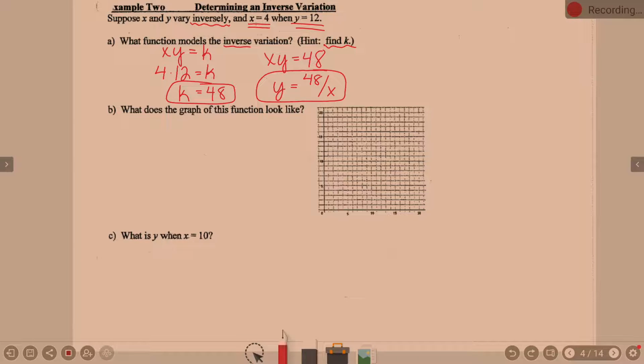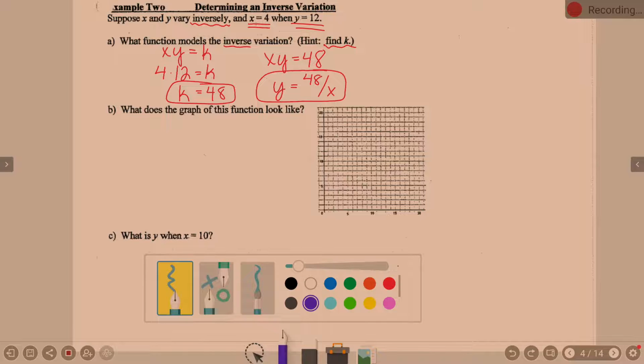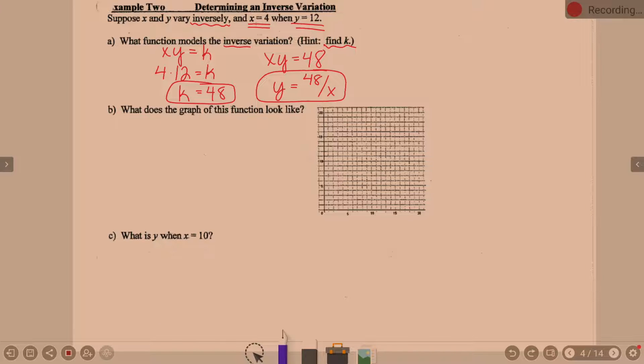Now, we had two equations written up there, didn't we? We had the equation y equals 48 divided by x, or we had the equation xy equals 48. You could technically use either equation.